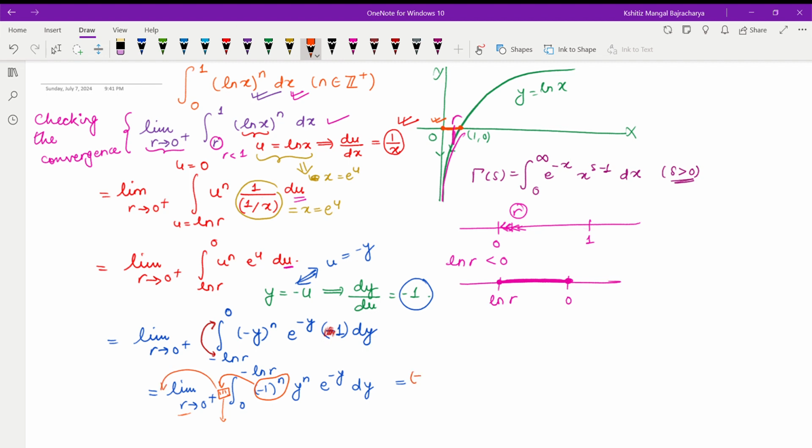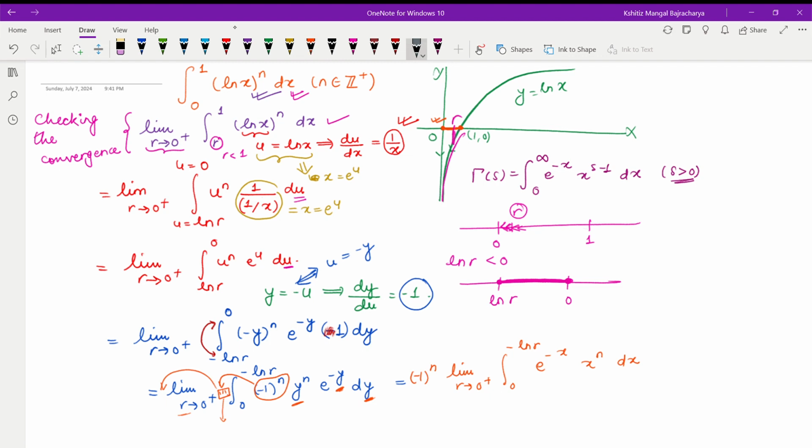So we have minus 1 raised to the power n, limit r tends to 0 from plus 0 minus log r, e raised to the power minus x, x raised to the power n dx. Just replacing the variable y with x because it's a dummy variable.